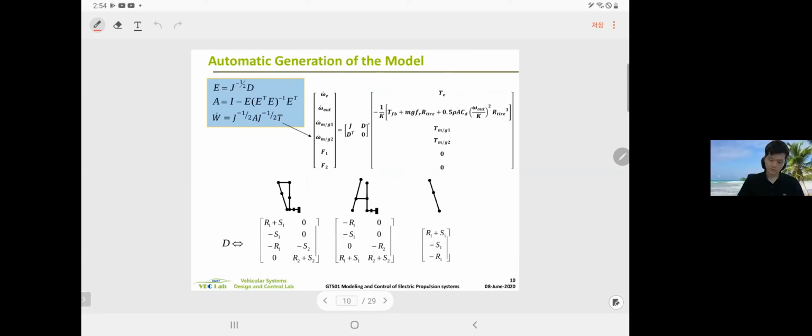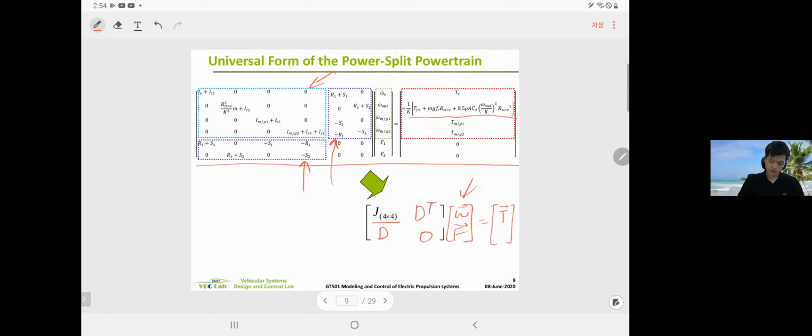But how, right? Well, if you look at the details of the pattern, let's start with the easy one, okay?